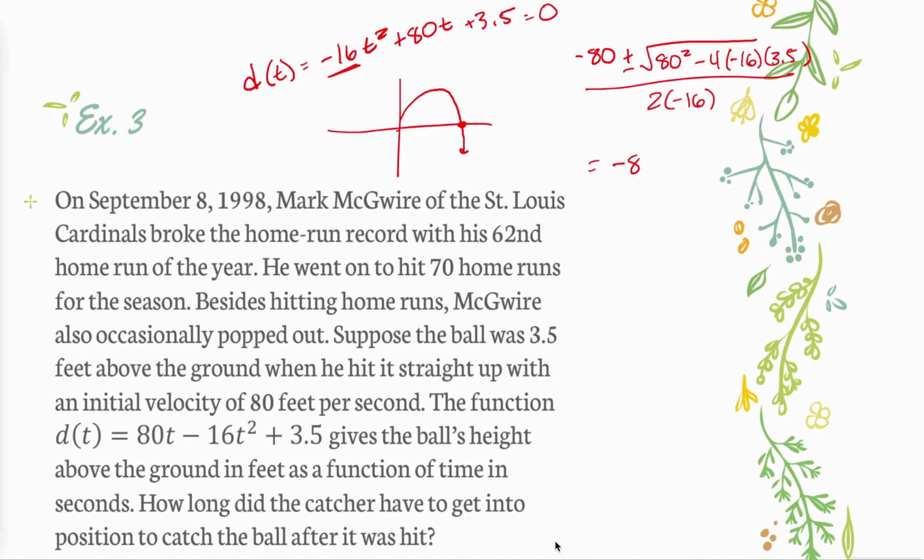Which is going to be negative 80 plus or minus the square root of 6,400 plus 16 times 3.5, sorry, 224, all over negative 32. That's 6624. And so that square root is about 81.4.